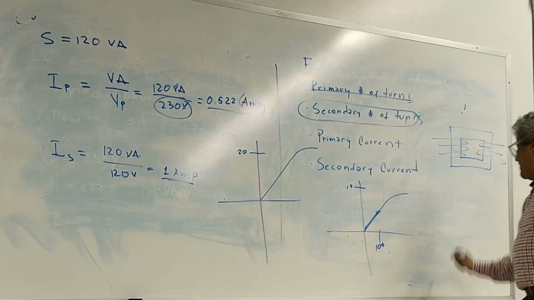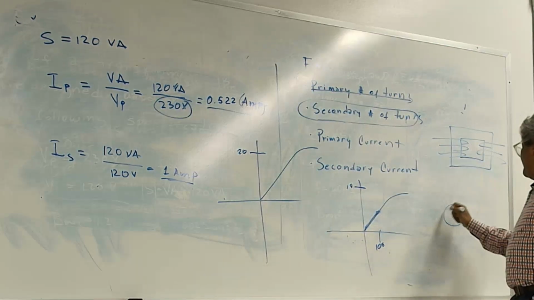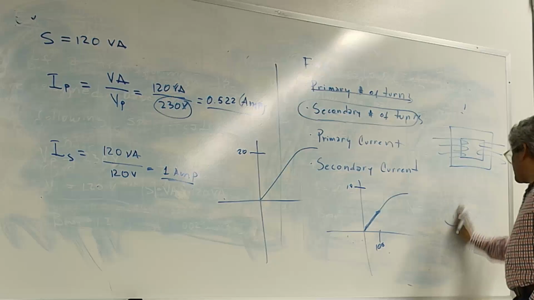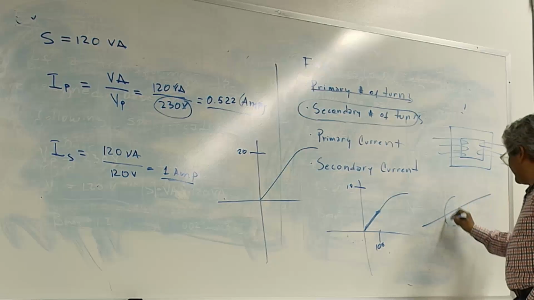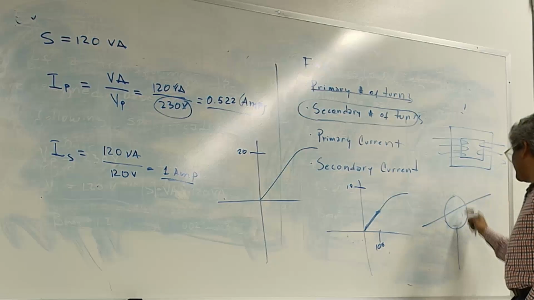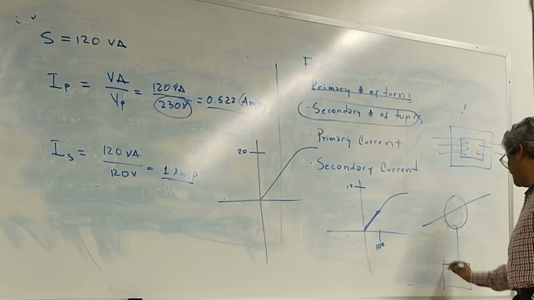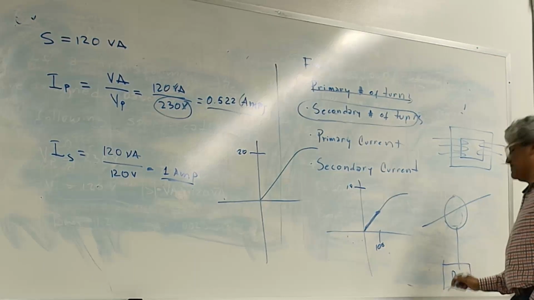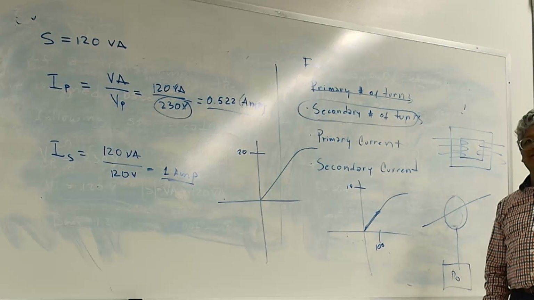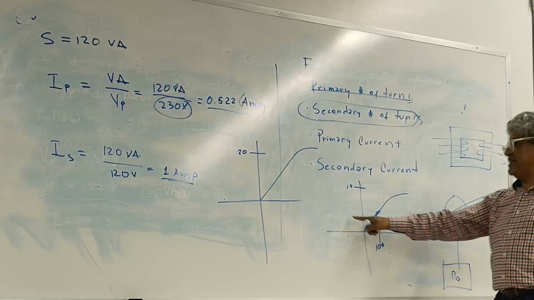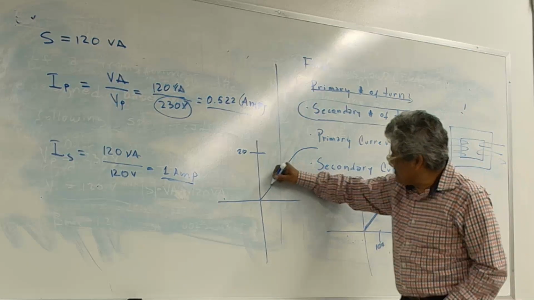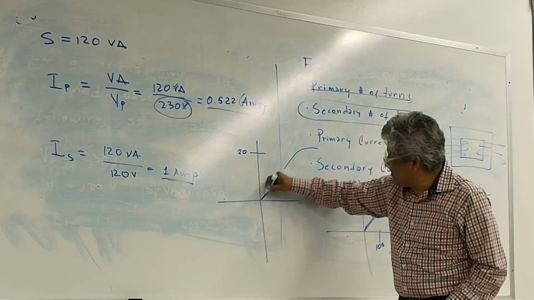If you're using this transformer and the primary of the transformer is a wire and the secondary is a current transformer connected to a protection device, the current under normal operating conditions, all day, all night, is going here.